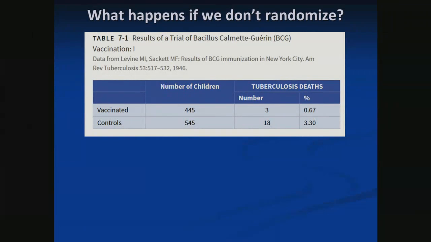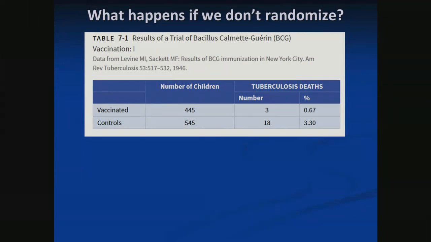In the vaccinated group, there was a 0.67% rate of death, call it that, and 3.3% among the controls. So what is our conclusion based on these numbers? Vaccine effective? Assume statistical significance, and yeah, right?